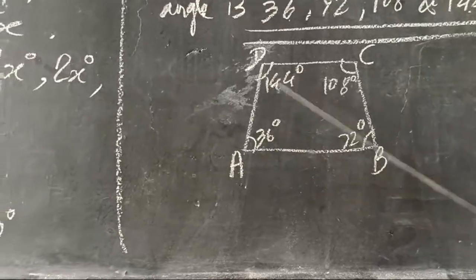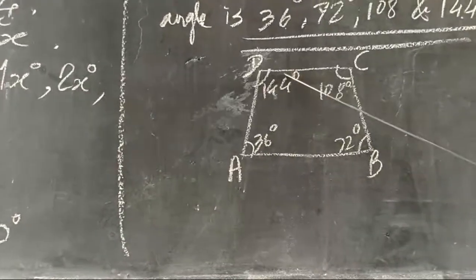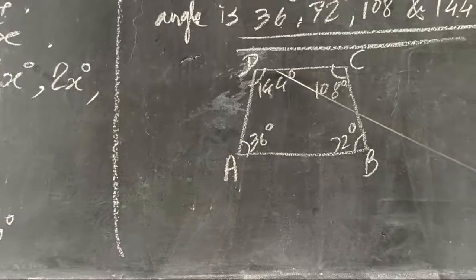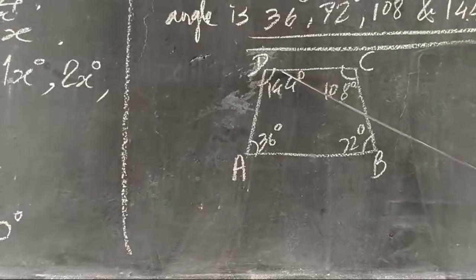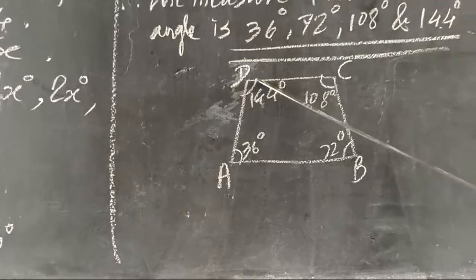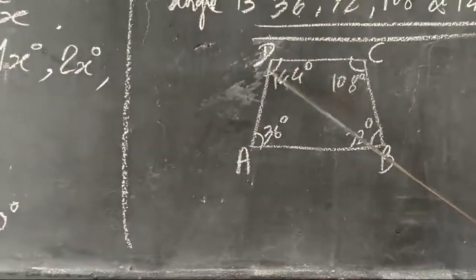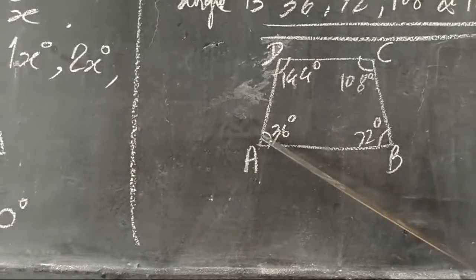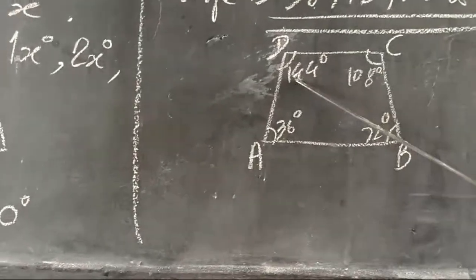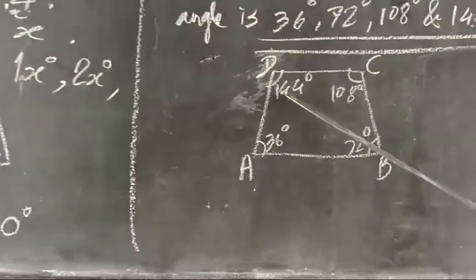These angles are called as which type? Their property is supplementary, but the type is... Good try. A small mistake.